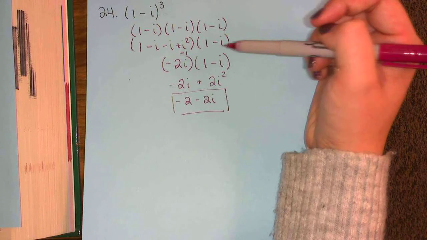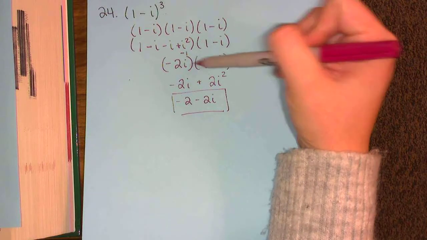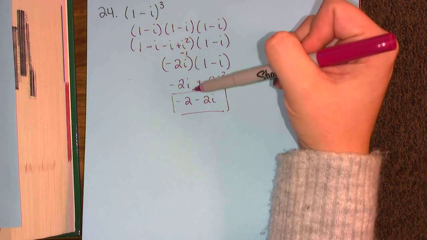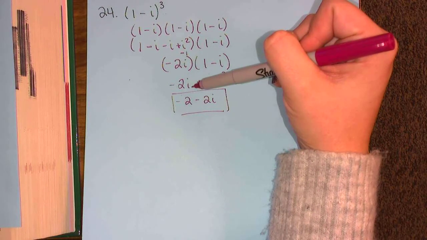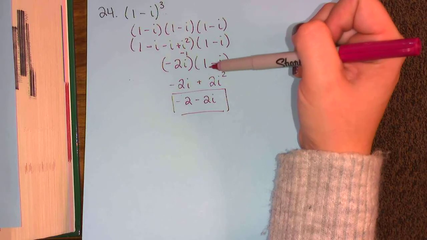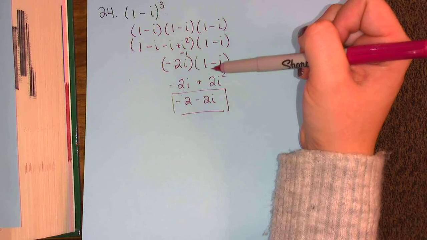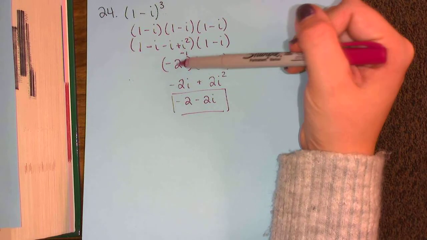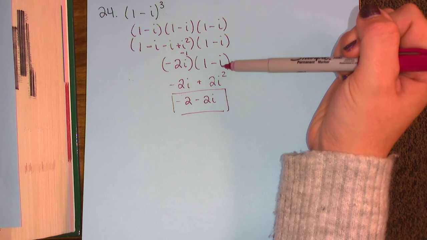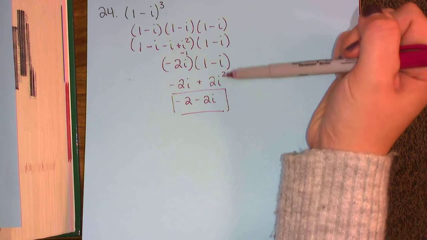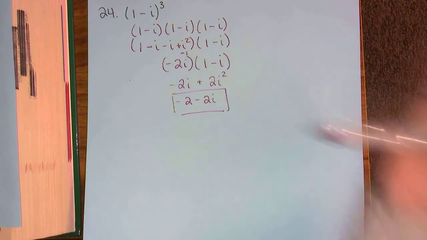Where? And then the other one would be plus 2I squared. And then I squared is negative 1, so that's negative 2 minus 2I.